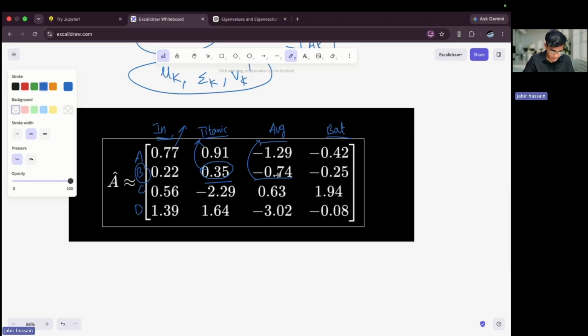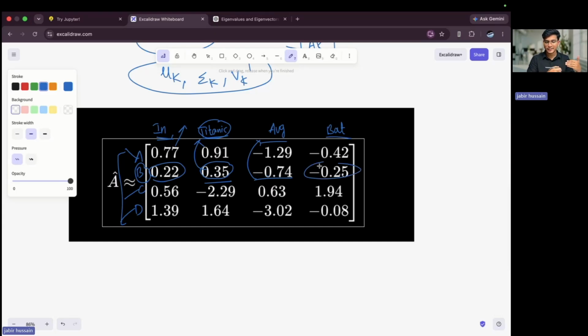So for user B, the reason why he got Titanic high is because with respect to the pattern, users A, C, D tend to like the Titanic movie more. And also, if you see in the zeroth condition, user B has watched only these two movies.